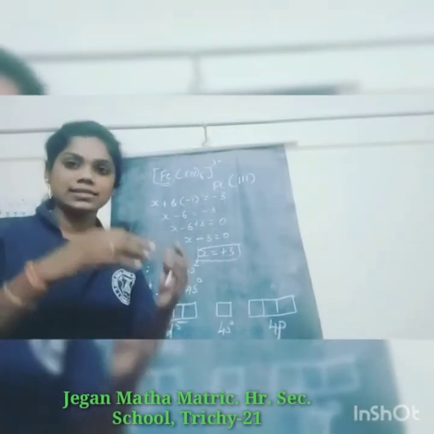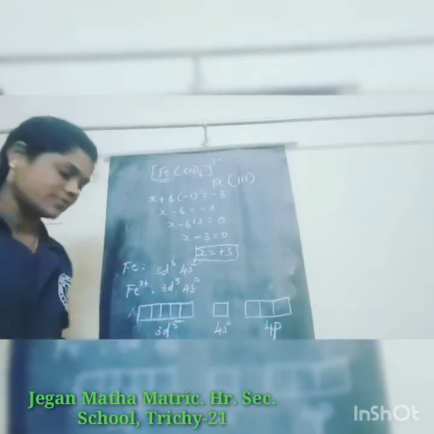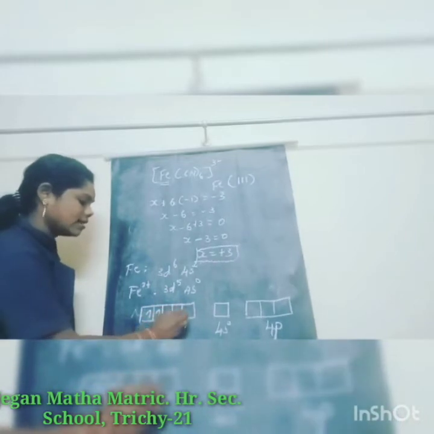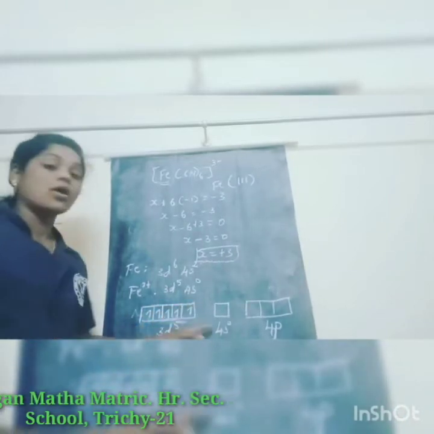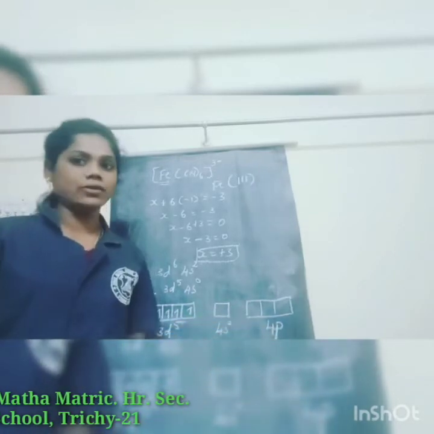First we fill single electrons, afterwards double. So 5 electrons are filled singly, one in each of the five 3d orbitals. 4s has 0 electrons, so there is nothing to fill there, and 4p has no electrons.